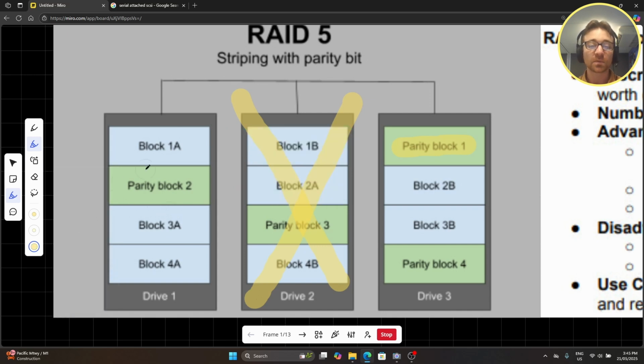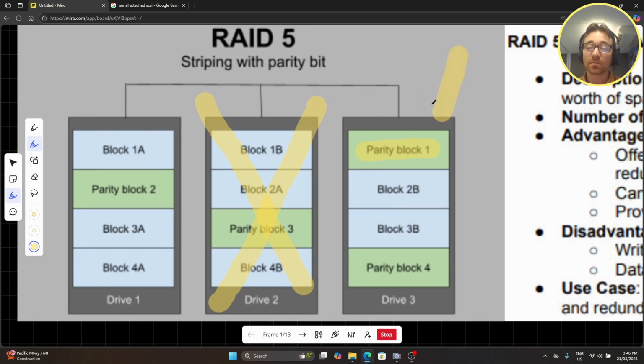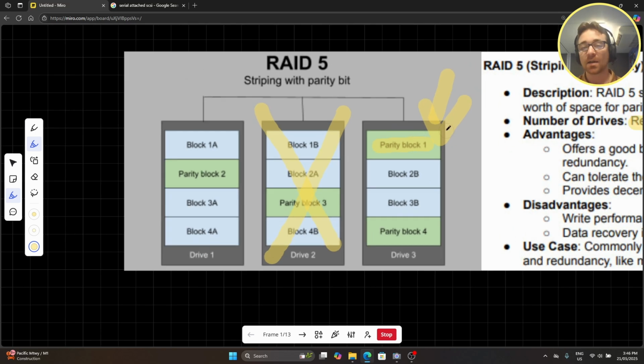So it has that fast read and write time because you are striping that data across drives, and it has a level of redundancy because if you lose that data over time, this parity bit or parity block will be able to rebuild that data. It does take time to do that though.